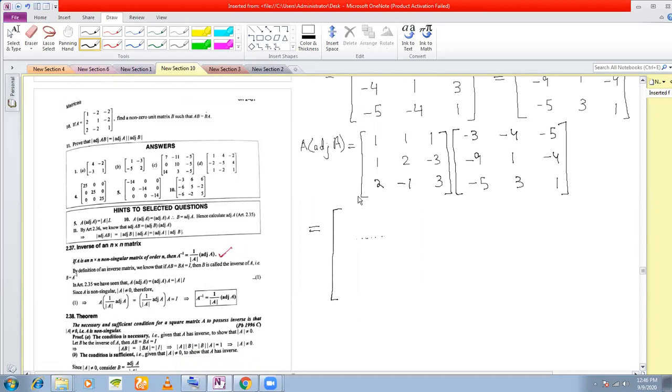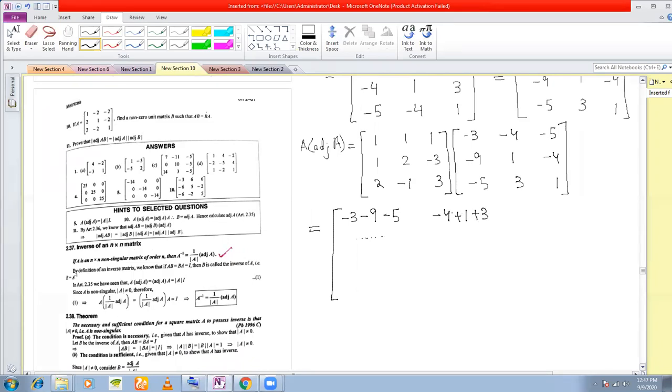If you multiply, you get 1 into minus 3, which is minus 3. 1 into minus 9, which is minus 9. 1 into minus 5, which is minus 5. First row, first column. First row, second column: minus 4, minus 1, plus 1, minus 4, plus 1, plus 3.